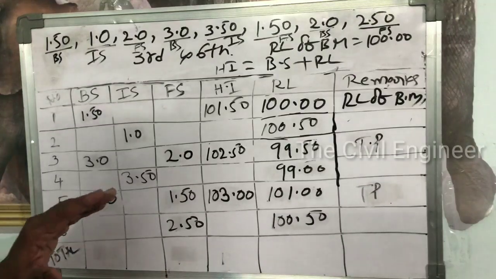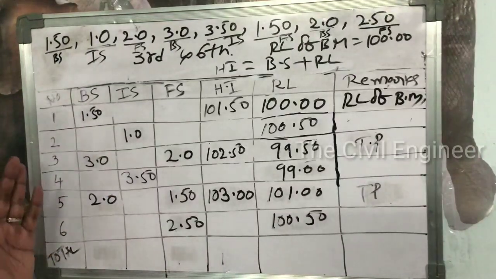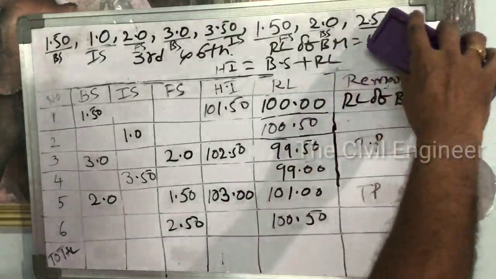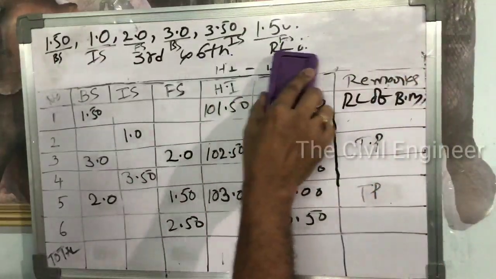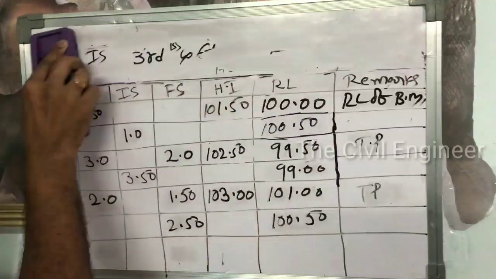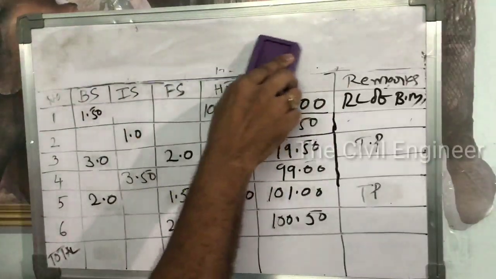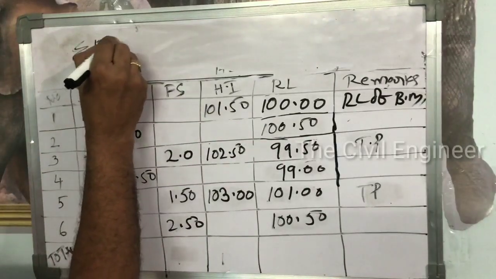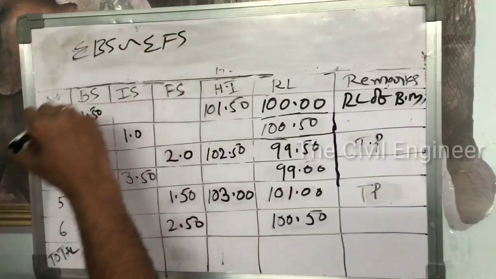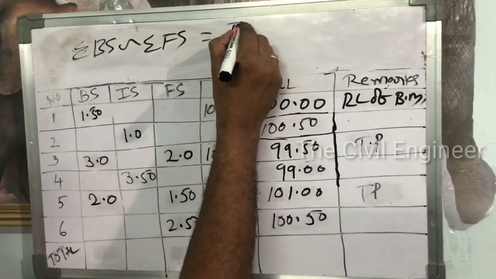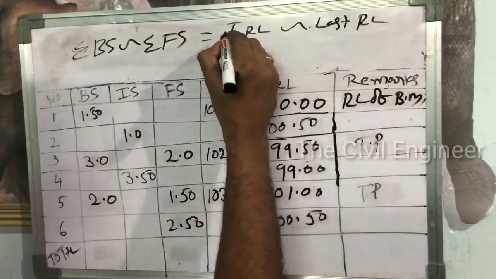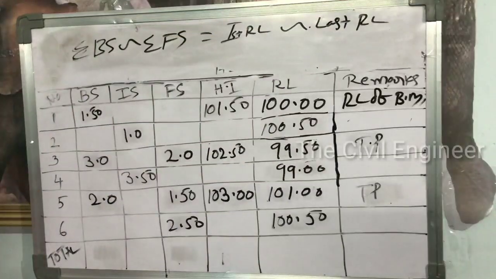This is the process. Now there is an arithmetic check to verify the RL values, to check whether the process is correct or not. That arithmetic check is: sigma BS minus sigma FS is equal to first RL minus last RL.